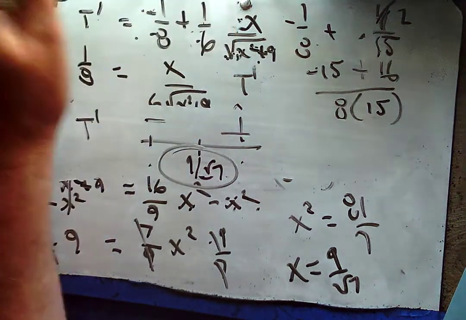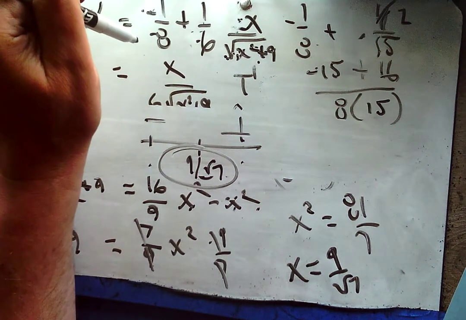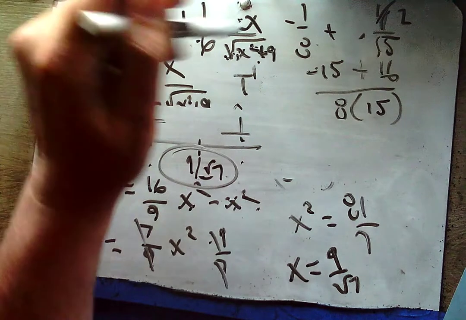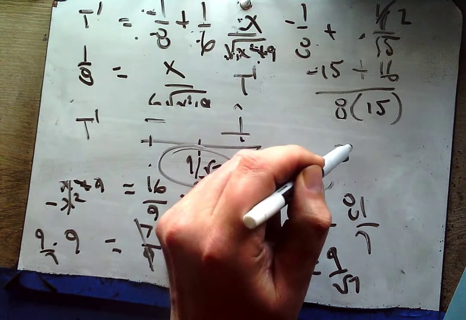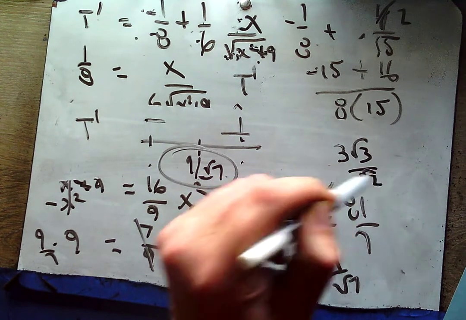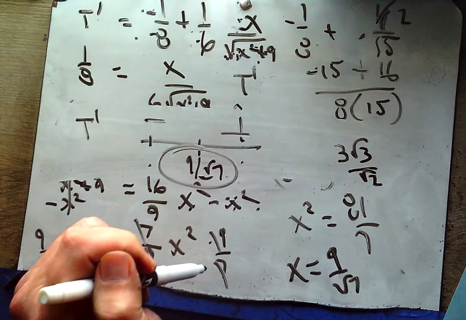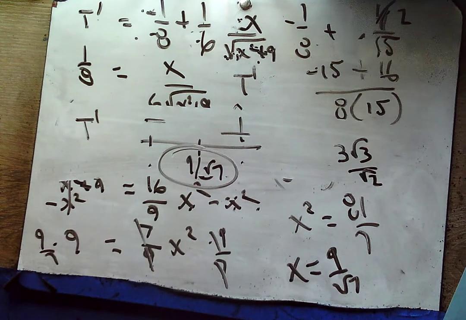That's all right. So somehow here, I got that x is supposed to be 3 root 3 over root 2. And that's not bad. Oh, this is interesting. Well, let's go find that mistake.